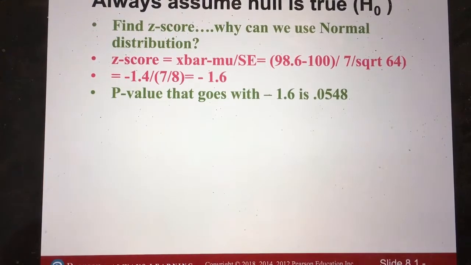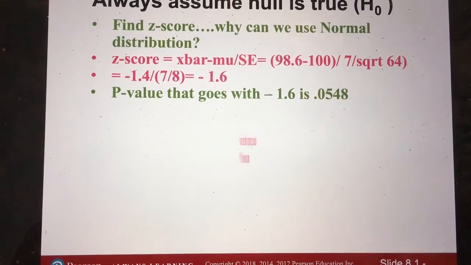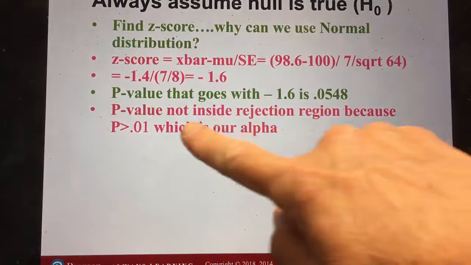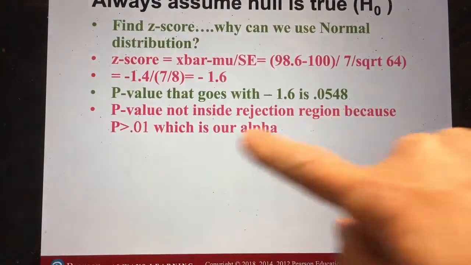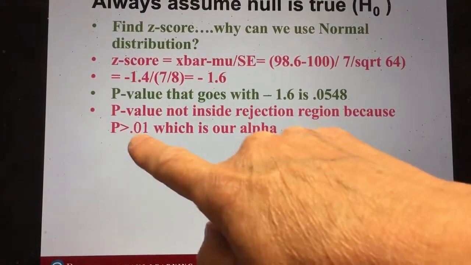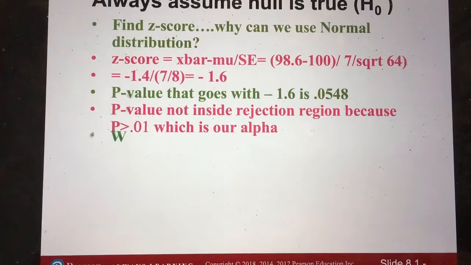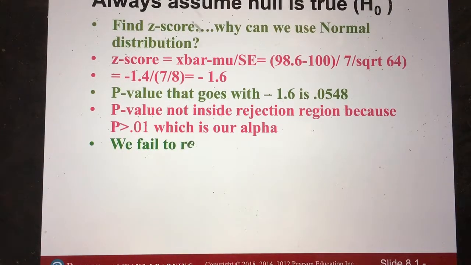We fail to reject our H sub 0 because our p-value is greater than 0.01, so it's not inside the rejection region. Therefore, we fail to reject our H sub 0.